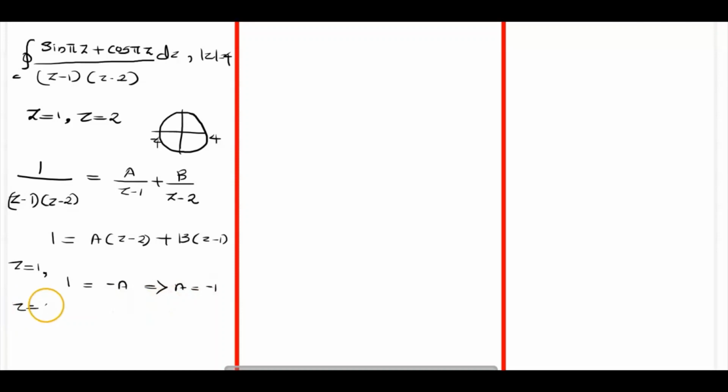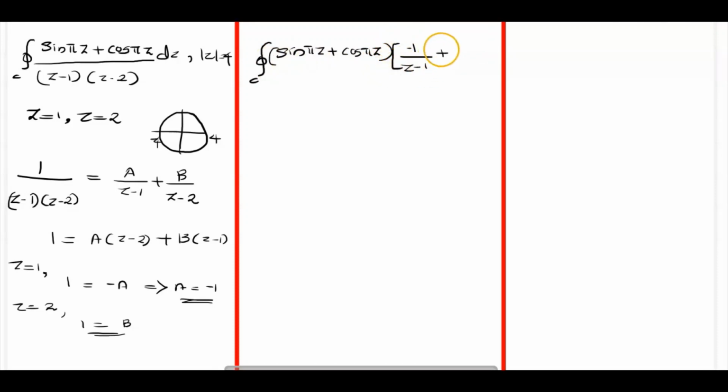And substituting z equal to 2, 1 is equal to b into 1. So b is equal to 1 and a is equal to minus 1. Integral over c of sin pi z plus cos pi z into minus 1 by z minus 1 plus 1 by z minus 2 dz.